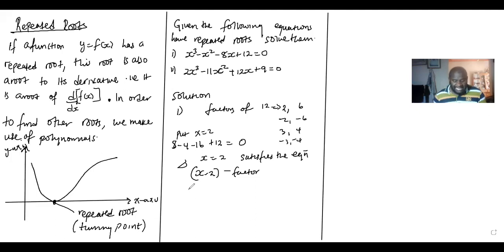If you're to investigate, then it means x minus 2 and x minus 2, this is the second root. They should give me an expansion of x squared minus 4x plus 4. Now, with this, I can get another root by dividing the entire function by x squared minus 4x plus 4.